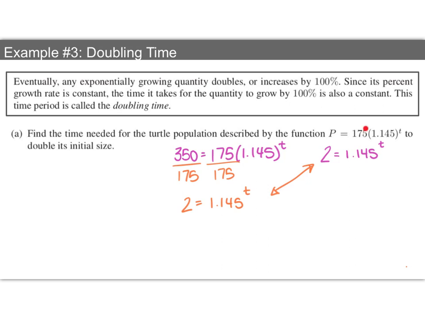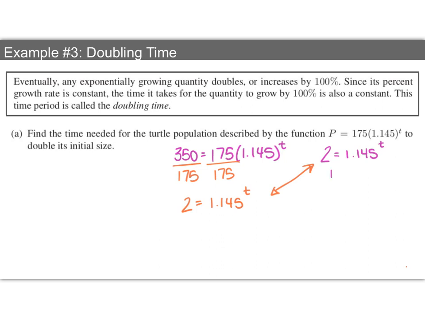Or you can say, okay, it doesn't matter what I start with. What I really care about is what does this quantity, 1.145 to the t, what does t need to be in order for that to be equivalent to multiplying by 2 so that it's doubled? So now we can go ahead and use logs to solve this for t.